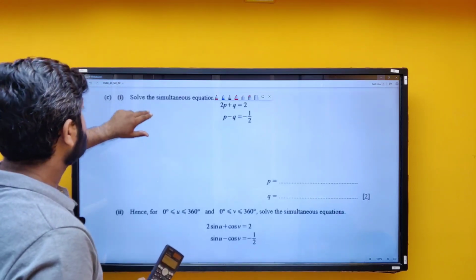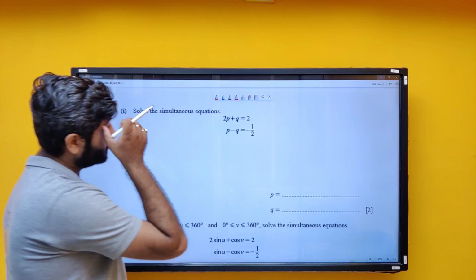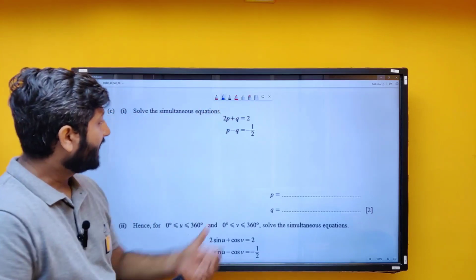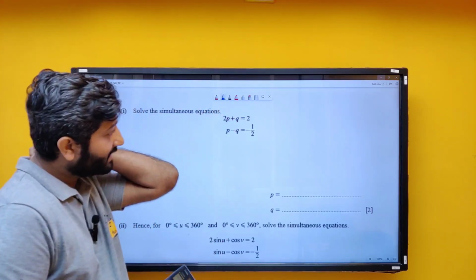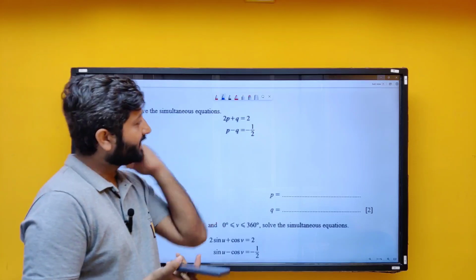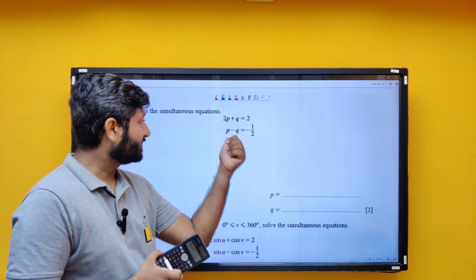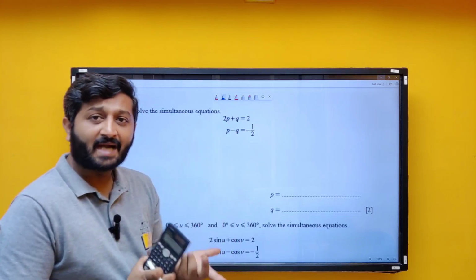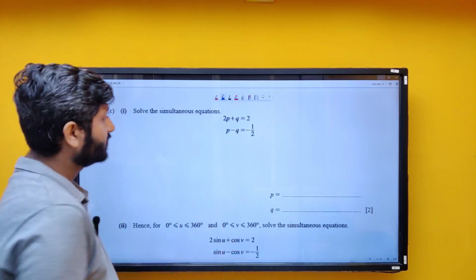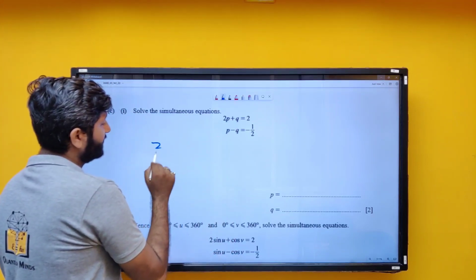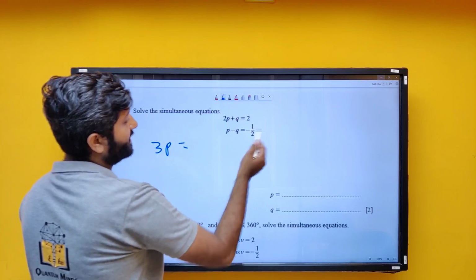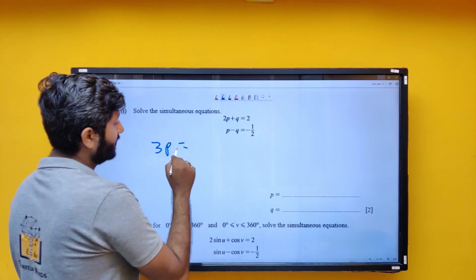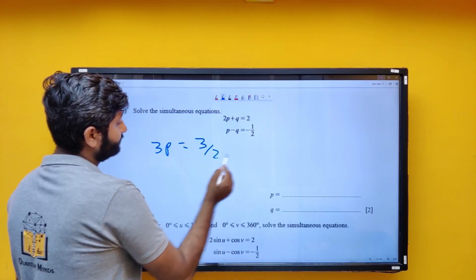Next question. Solve the simultaneous equations. Okay, so I think for simultaneous equations we will have to make either P or Q the same, but I think Q is already the same and Q is having different signs. So we'll simply add the equations, so Q will get cancelled out. So 2P plus P, 3P equals 2 minus 1 by 2, which is 3 by 2.